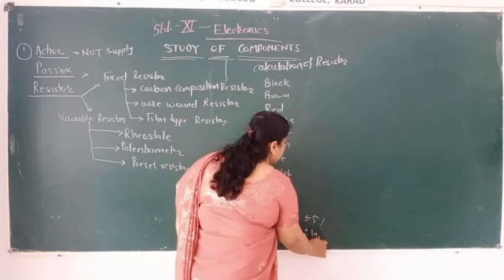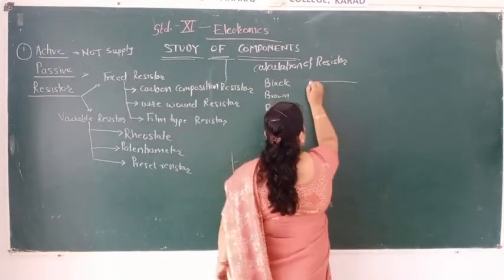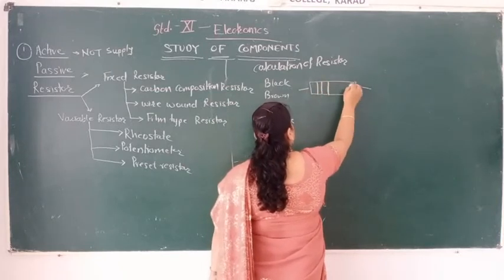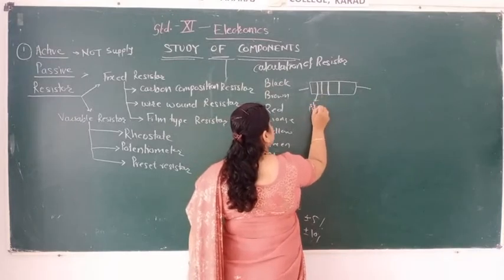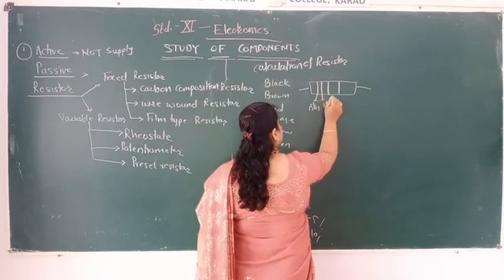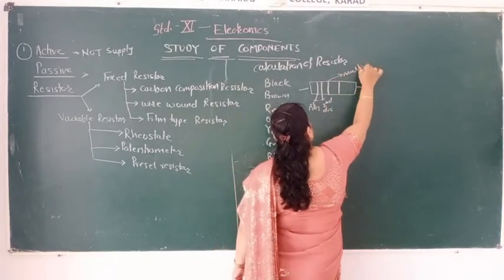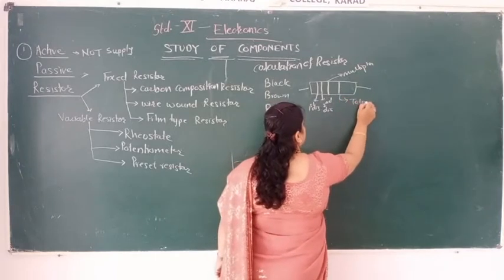For the calculation of resistance, this is the resistor which has 2 terminals. It has 3 bands. The first band is the first digit, the second band is the second digit, but the third is the multiplier, not a digit, and the last is the tolerance.